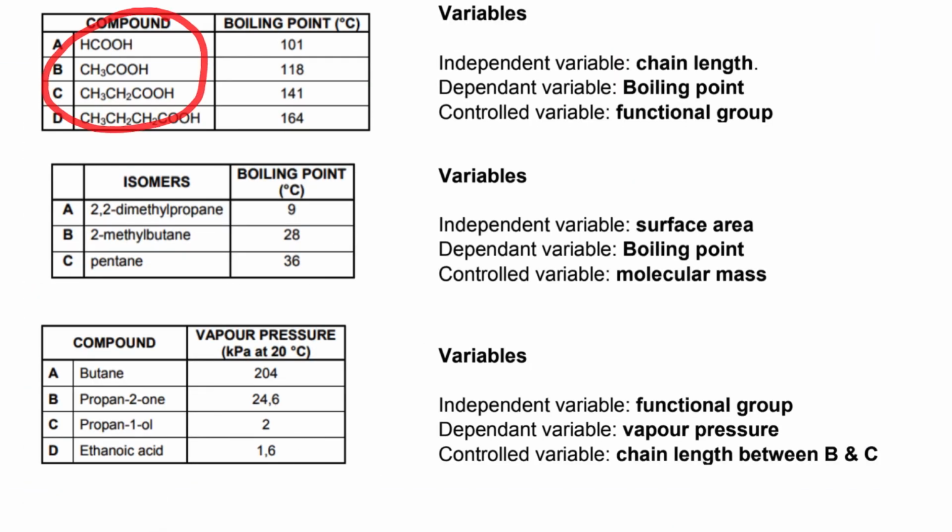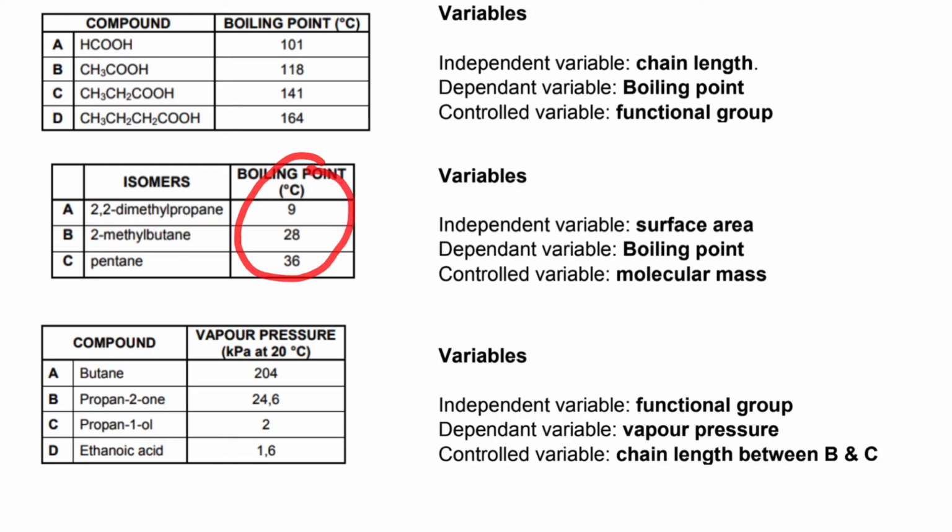We have carboxylic acids and we're given the boiling point. So the independent variable here will be the chain length, and then the dependent variable will be the boiling point, and the control variable is the functional group, because they have the same functional group. Here we have isomers, A to C, and then we have boiling point.